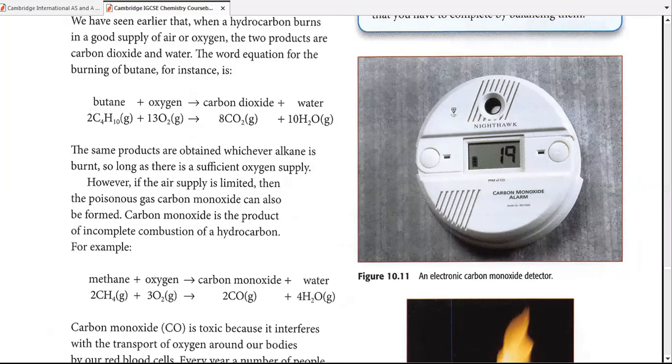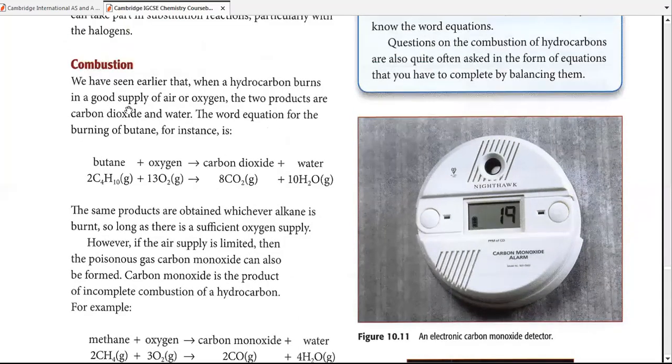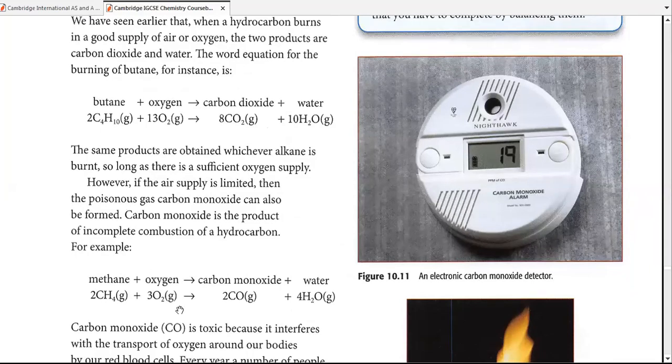You may write the heading on this equation, complete combustion. However, for this paragraph, on top of the equation of carbon monoxide, this is incomplete combustion of alkanes.